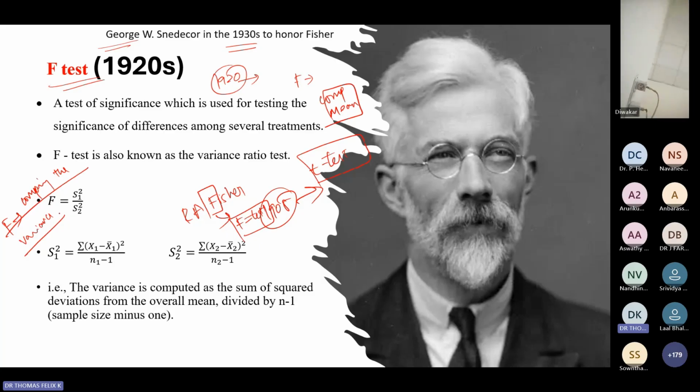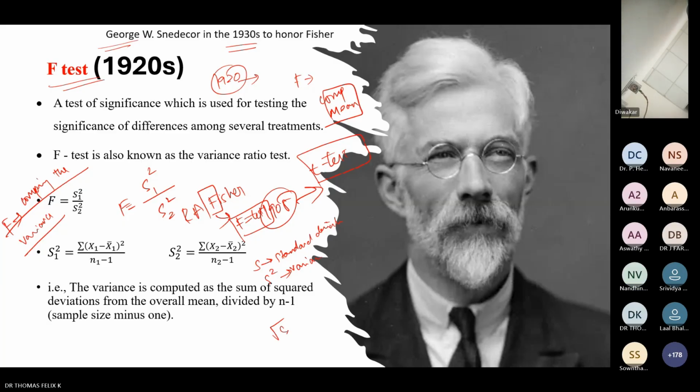This is the formula: the F statistic is S1 squared divided by S2 squared. S is the standard deviation, and S squared is the variance.